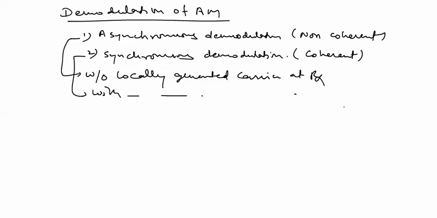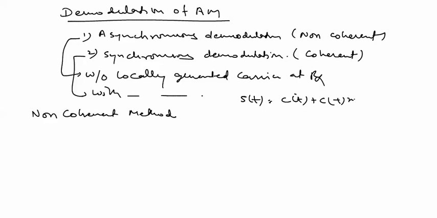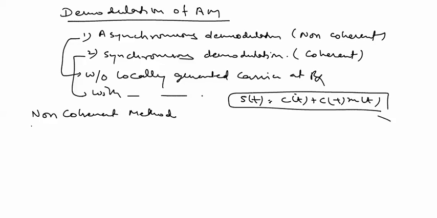First we discuss the asynchronous, non-coherent method. Because in the AM expression we transmit an additional carrier along with the transmission, local generation of the carrier is not a desirable feature.